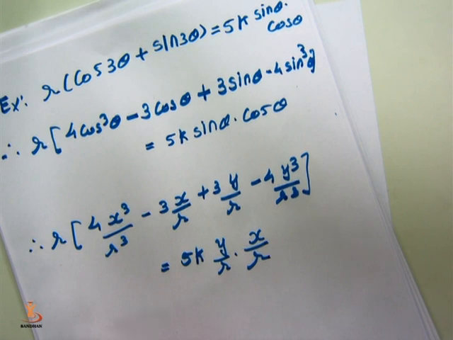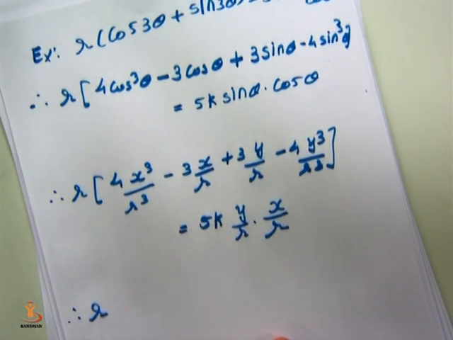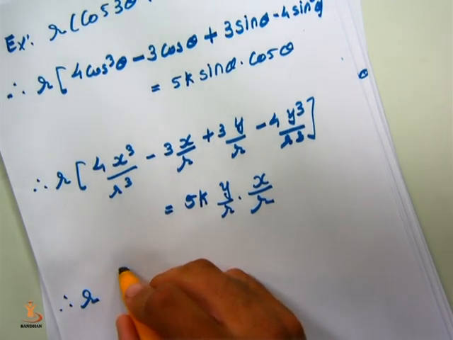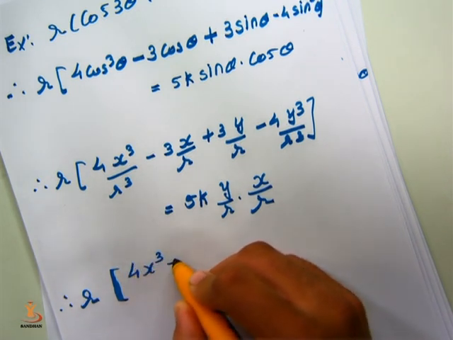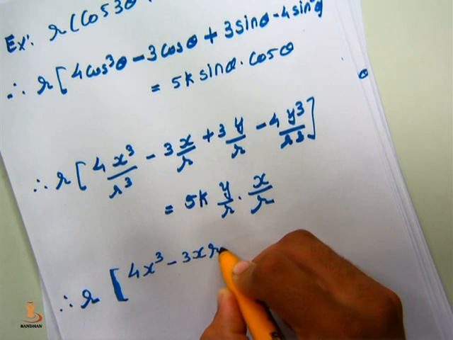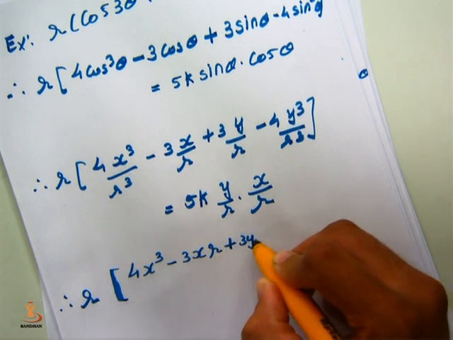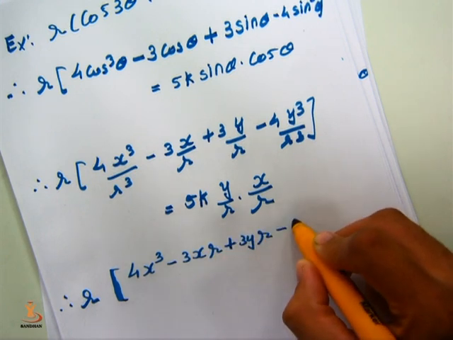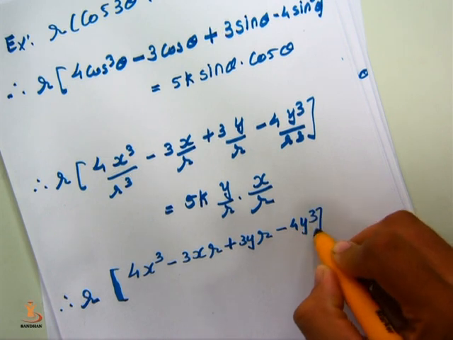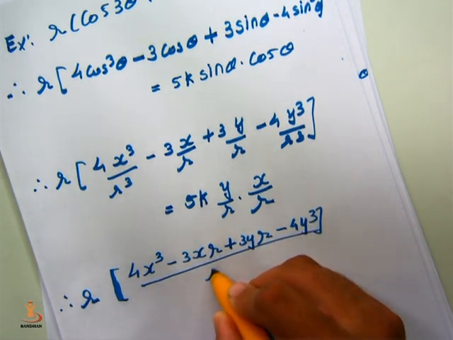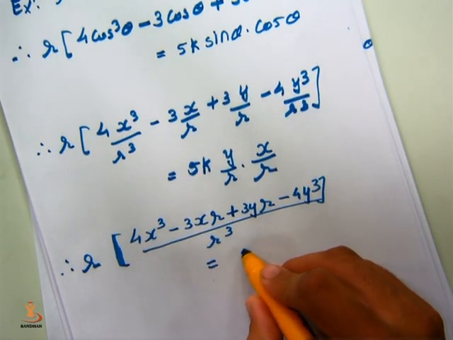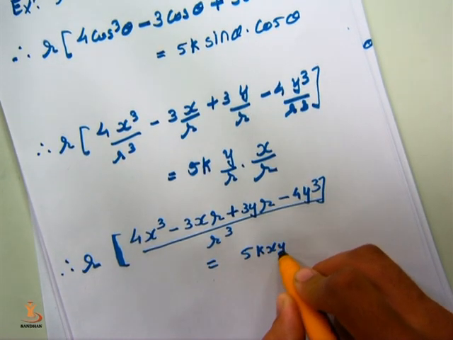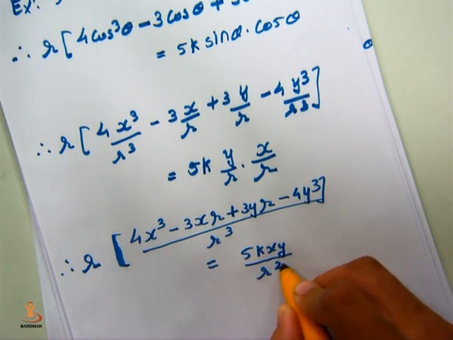So on the left hand side in the bracket you can take r cube as an LCM. So we get (4x cube minus 3xr square plus 3yr square minus 4y cube) upon r cube equals 5k xy upon r square.